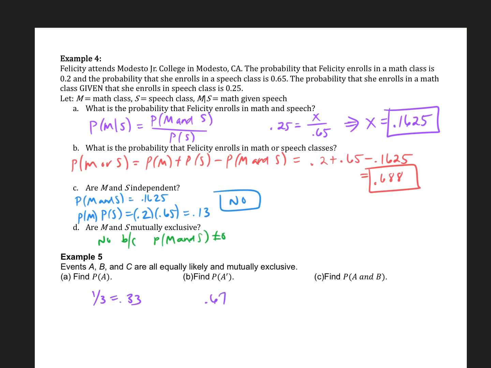What is the probability of A and B? If they are mutually exclusive, they are 0.